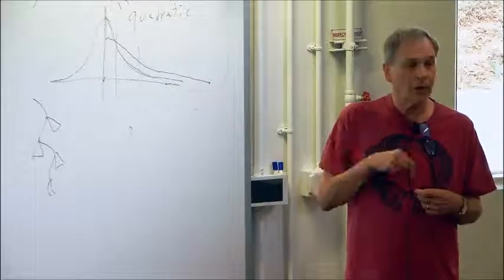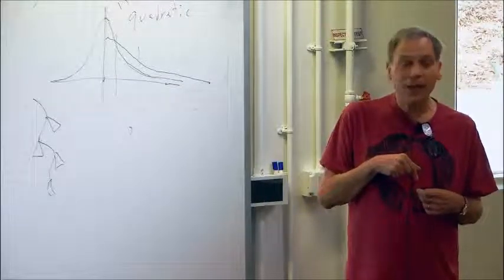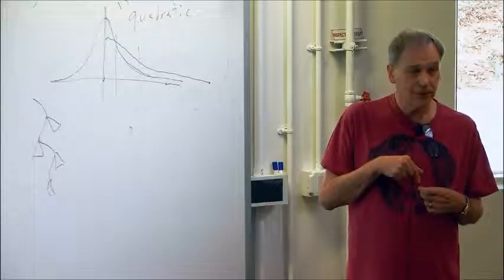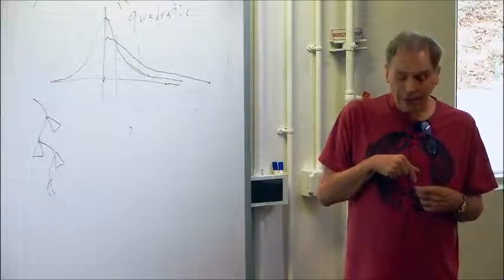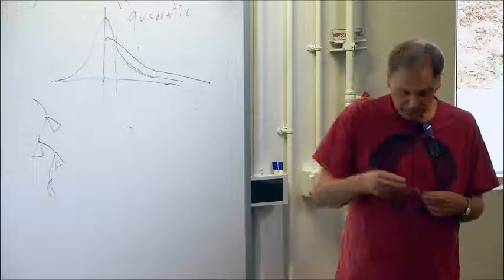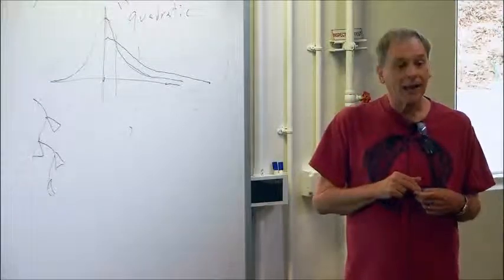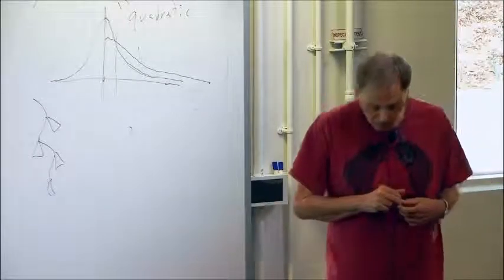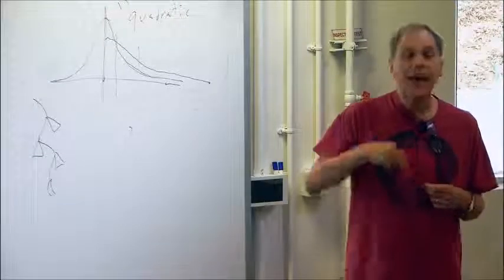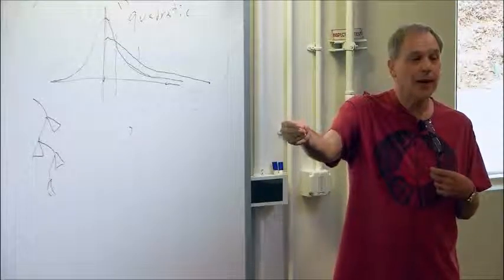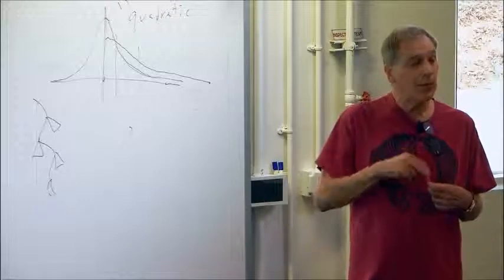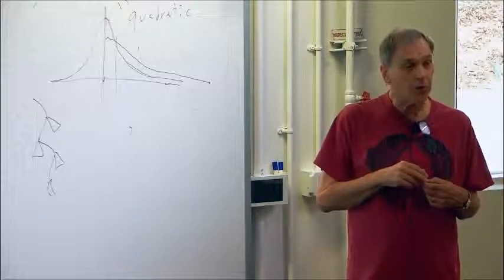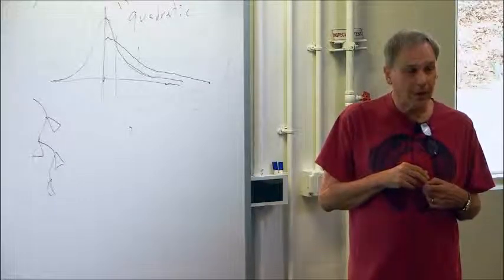We're bound to return to the origin, but the expected time to do that is infinite. Furthermore, if we play it for n flips, some huge number n, and we ask how many times did we return to the origin, it's not proportional to n. It's proportional to the square root of n.